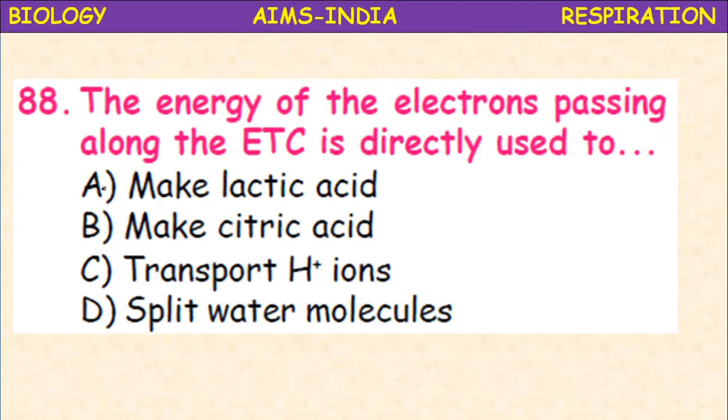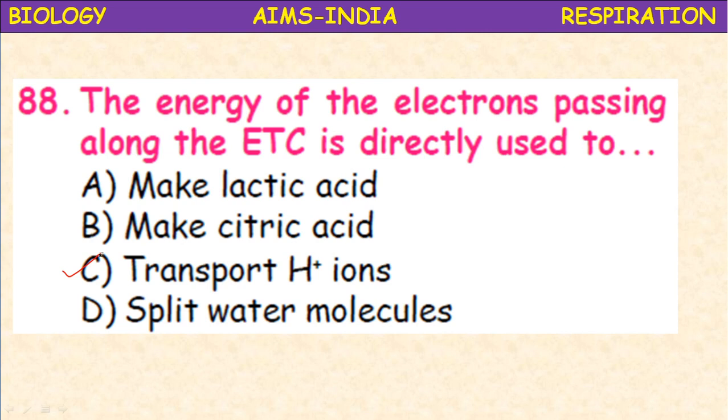Next, the energy of the electrons passing along the electron transport chain is directly used to make lactic acid, make citric acid, transport H plus ions, or split water molecules. It is transport of H plus ions to form water.